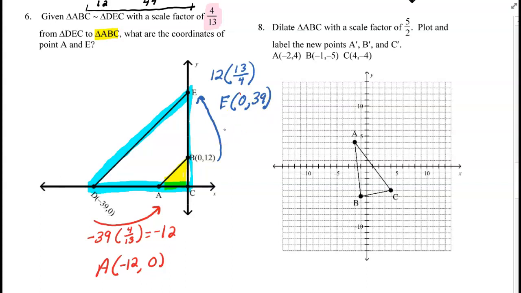Let's take a look at our last example, problem number 8. In problem number 8, I want to dilate triangle ABC by a scale factor of 5/2. So what that means is I'm going to take every point and I'm going to multiply by 5/2.